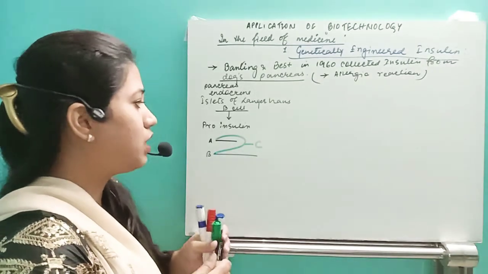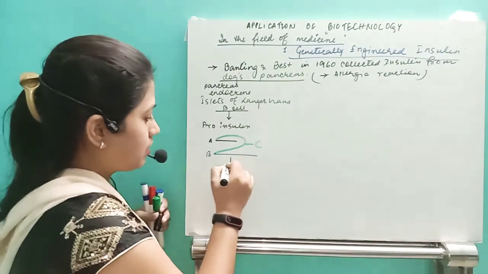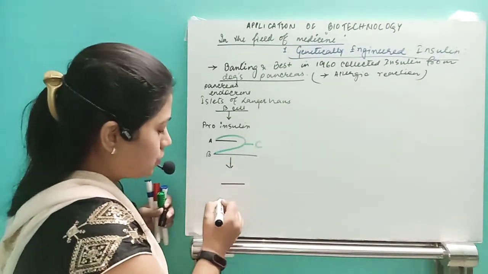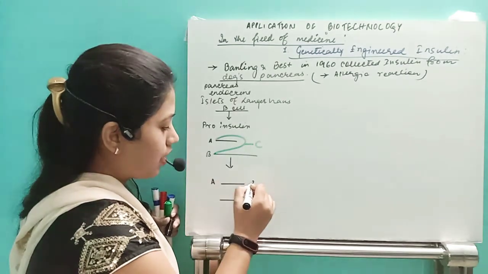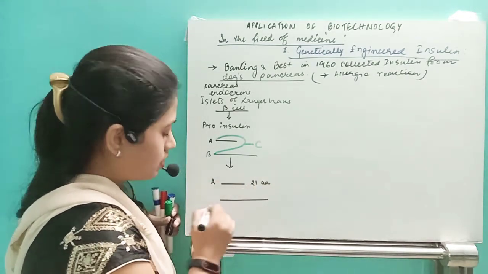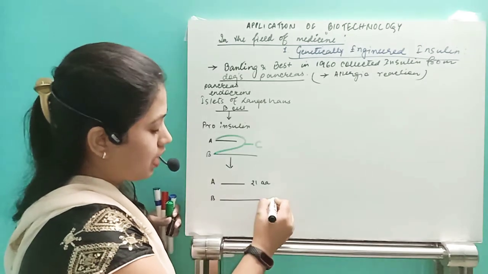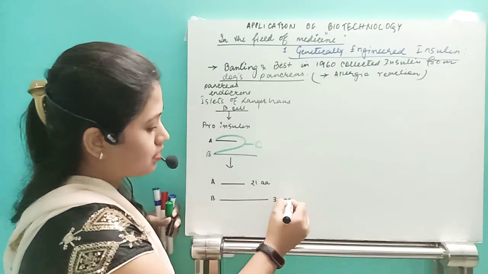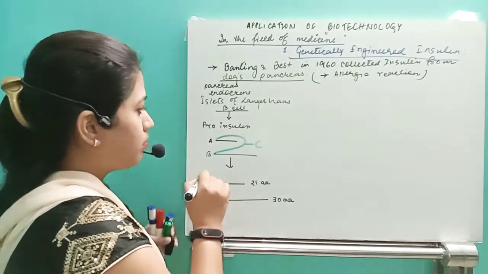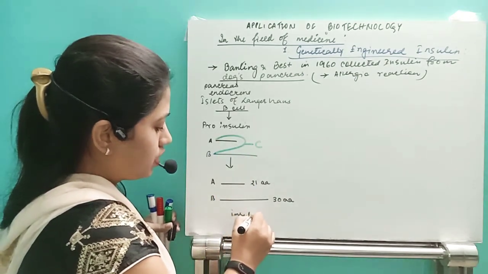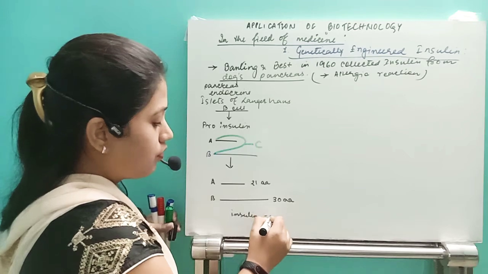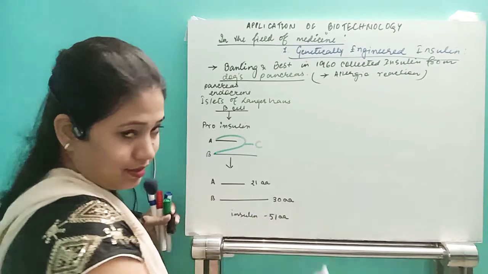Whenever it is activated, the A chain and B chain come closer. The A chain has 21 amino acids and the B chain has 30 amino acids. So remember, this insulin has 51 amino acids.